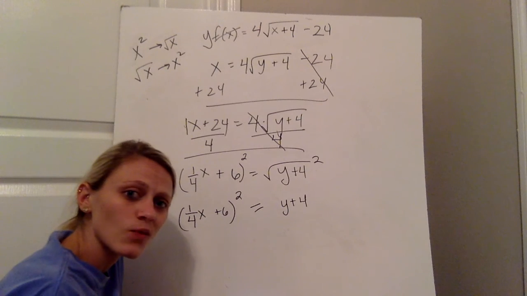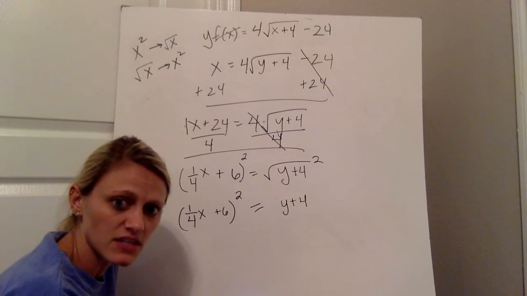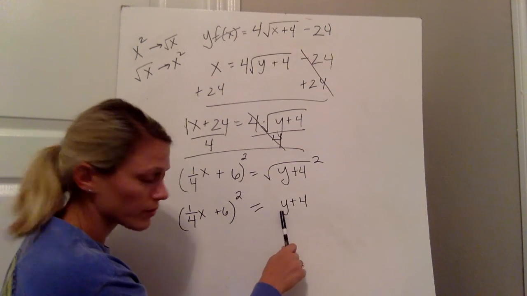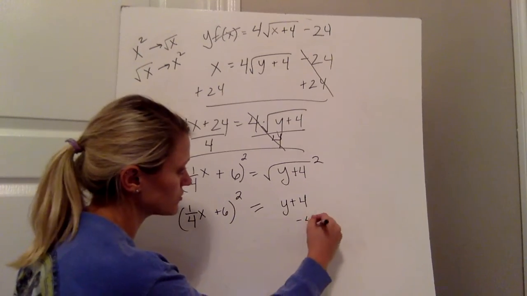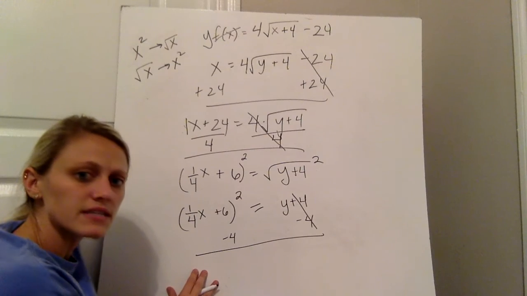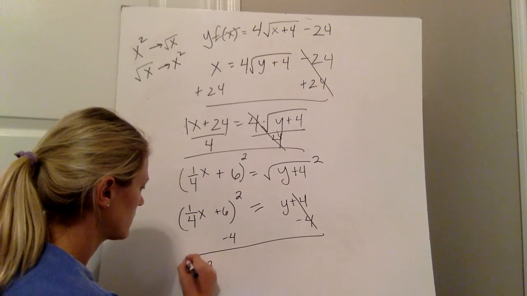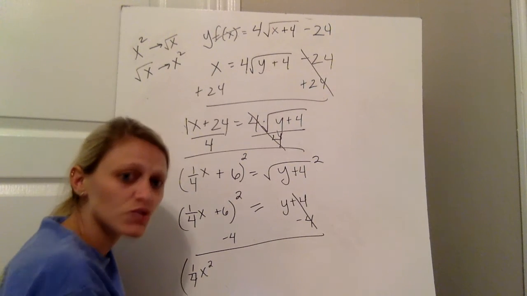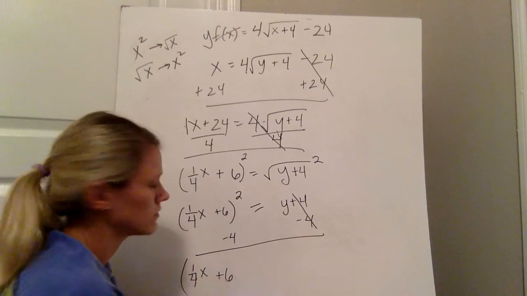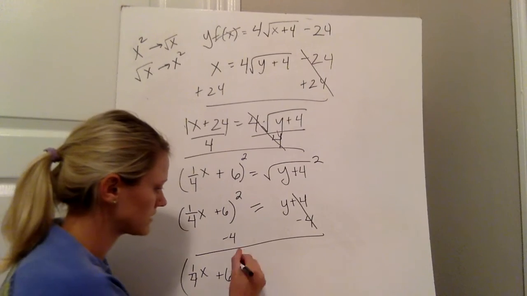The next thing that I want to do is move this 4 over. That's my final step. That's the last thing to go. It's being added to the y, so I'm going to subtract it. So in this case, on this side, I'm going to end up with 1/4 x, not x squared, just x, sorry, taking exactly this, 1/4 x plus 6.